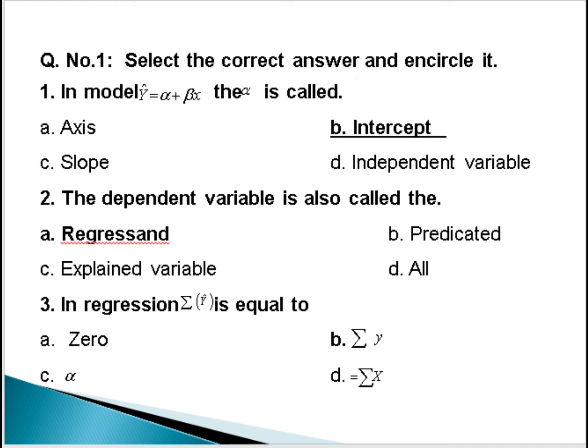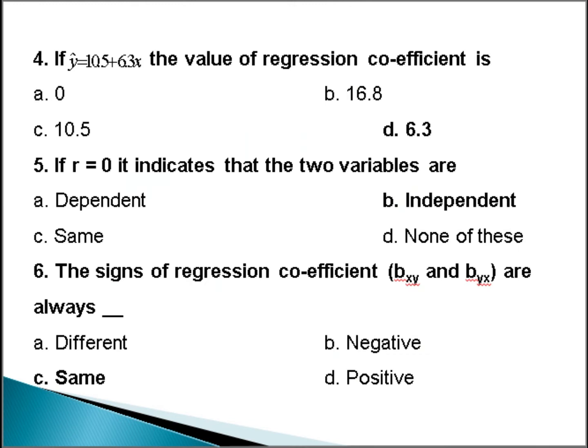Statement number 3. In regression, summation y hat is equal to A option 0, B option summation y, C option alpha, D option summation x. The true option is B, that is summation y. Statement number 4.